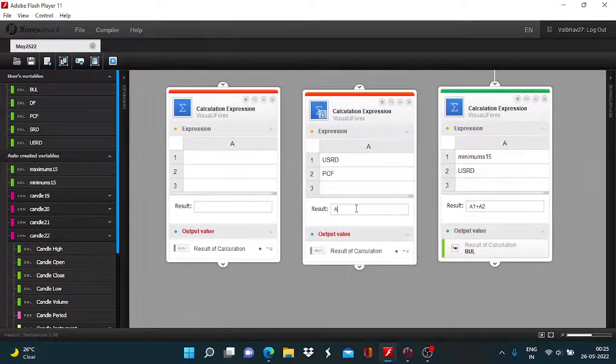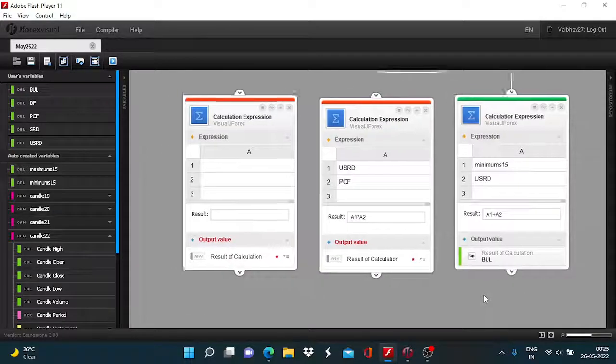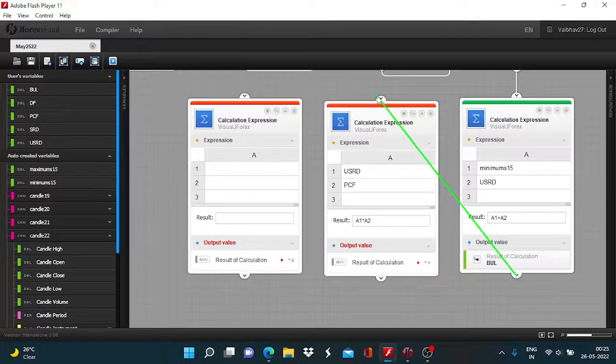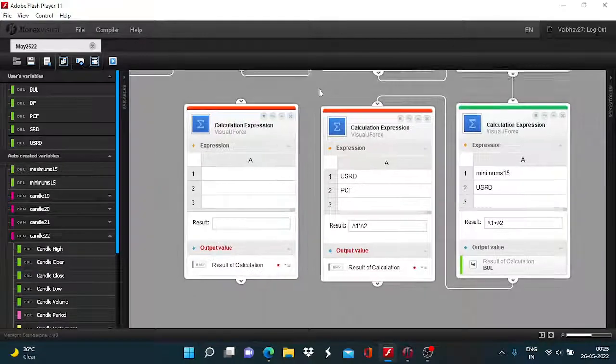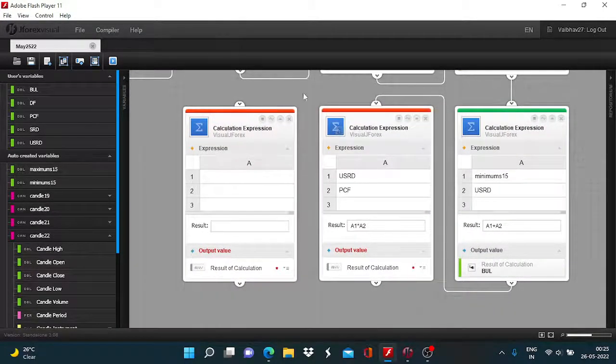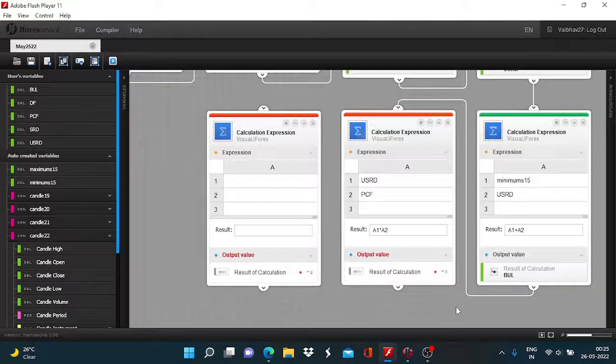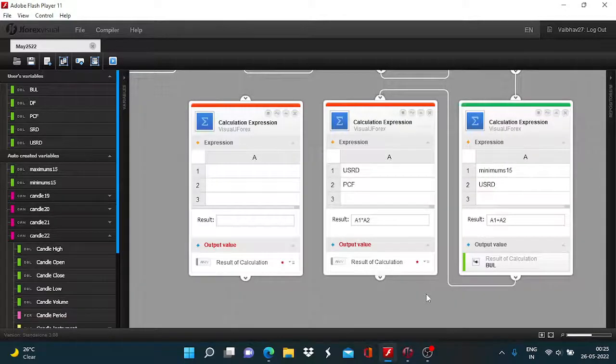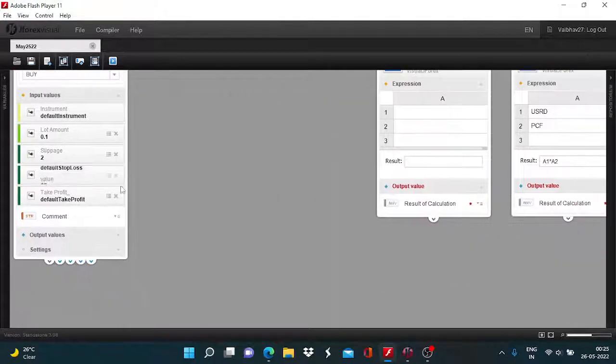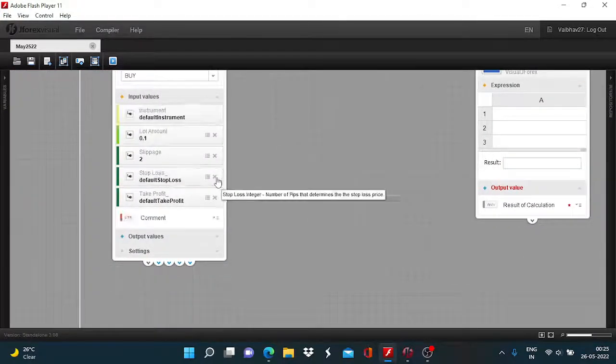This will be A1, into A2, and to create this variable it needs to be of integer data type, so I will create the variable here only.